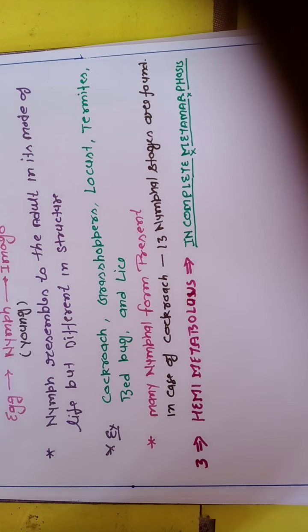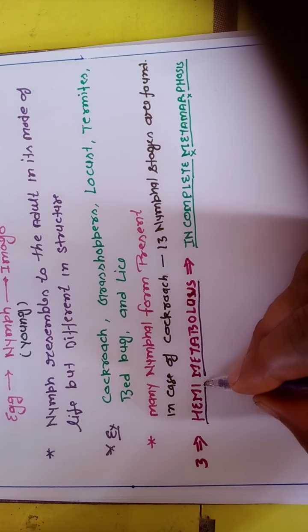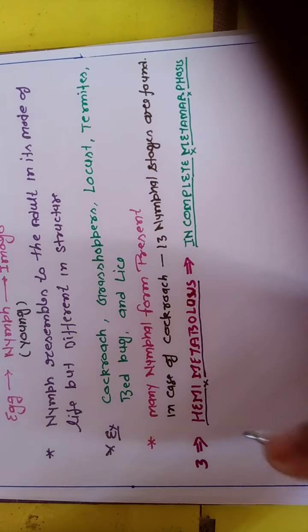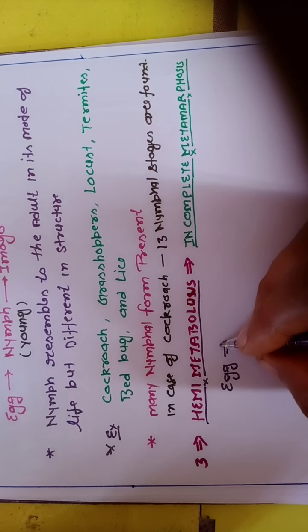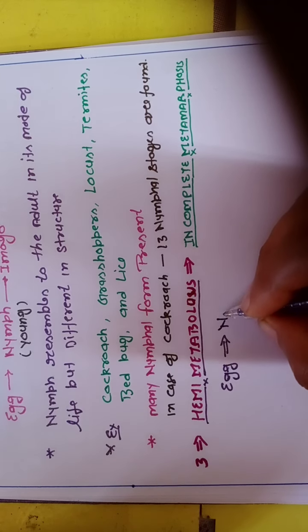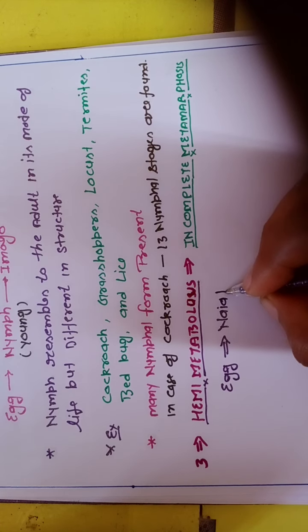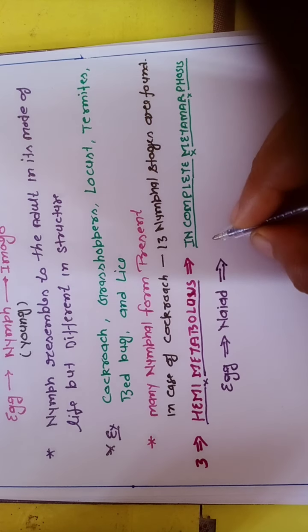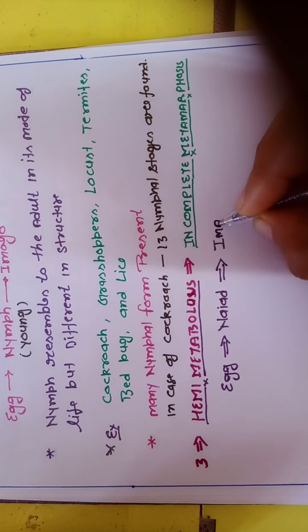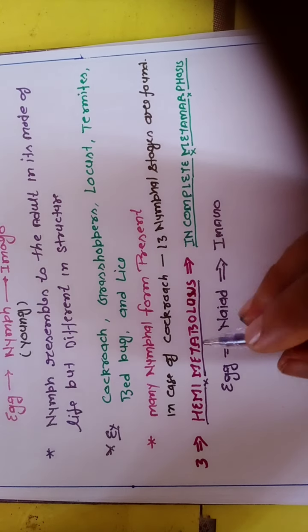It means during the development in this type of metamorphosis, the egg is present, the egg makes the naiad, and the naiad makes the adult. Here the nymph word we use, here we are going to use the naiad word, but both are young.